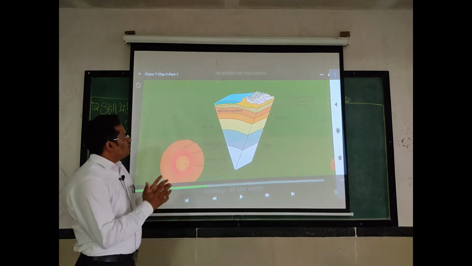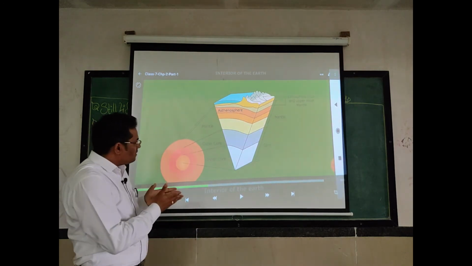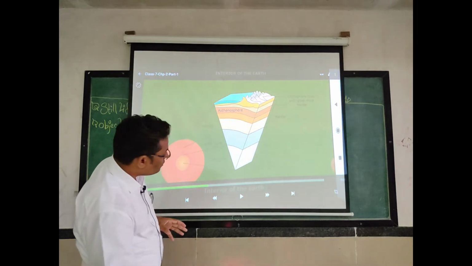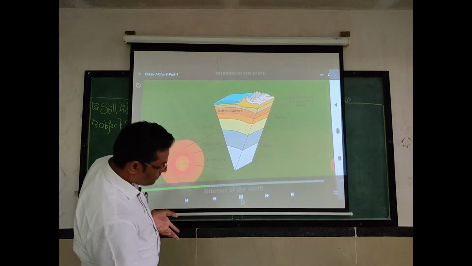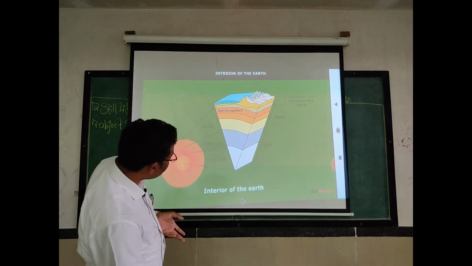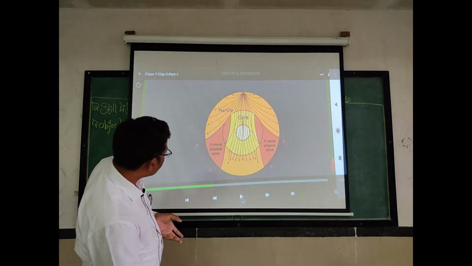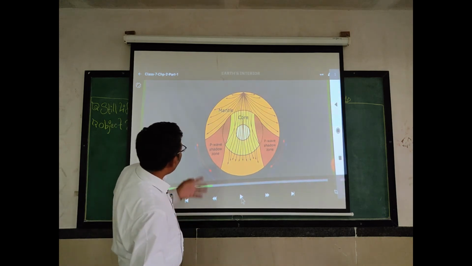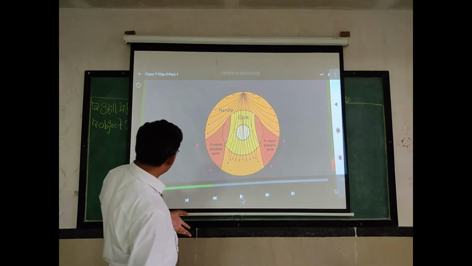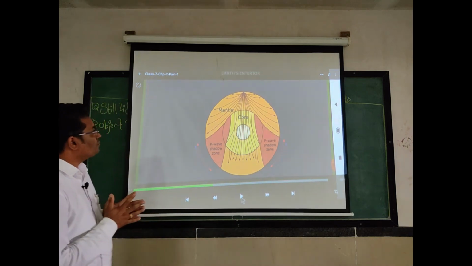See, it's a cut of the earth that has been taken for more explanation. I'll go further to explain. Now what happens, how is the earth's interior and what actually happens with the earth.